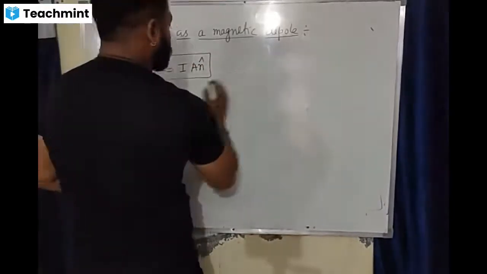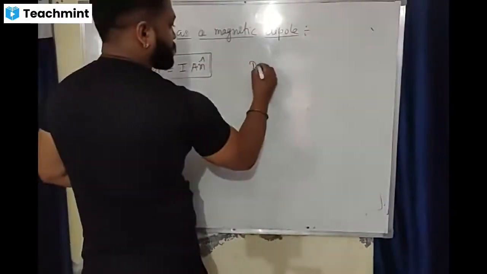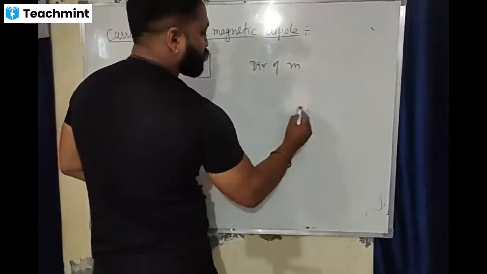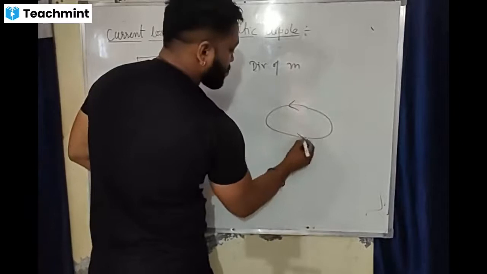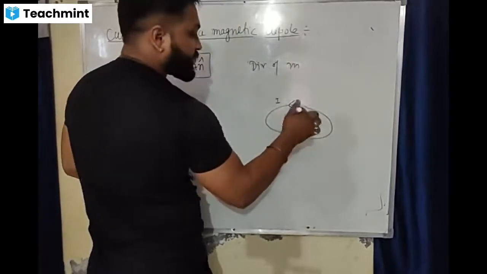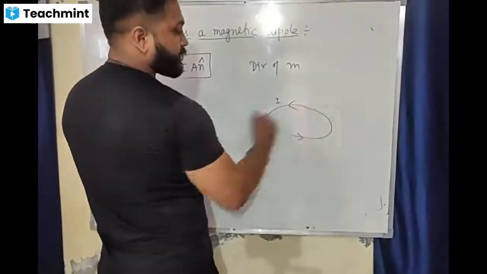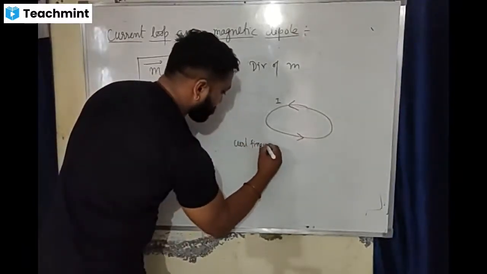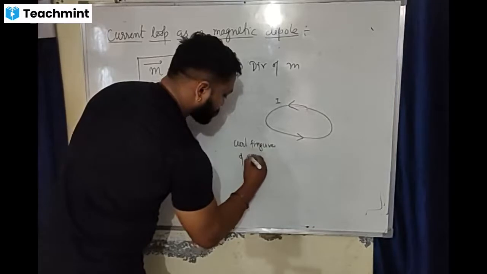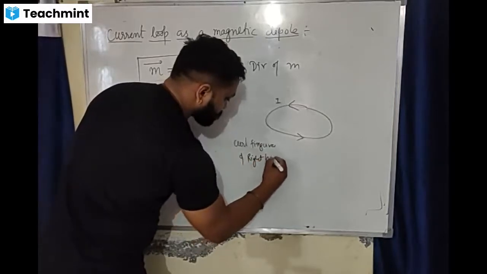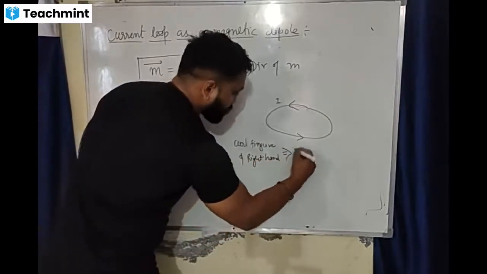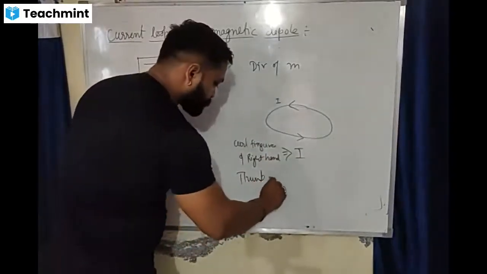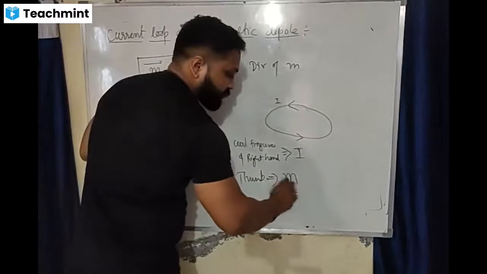I will talk about the direction of dipole, the direction of m. We will use the right hand thumb rule. This is a circular current loop like this. If the curled fingers of your right hand tell you the direction of current, then the thumb will give you the direction of the magnetic moment.